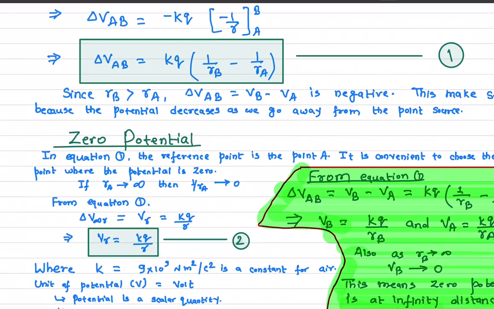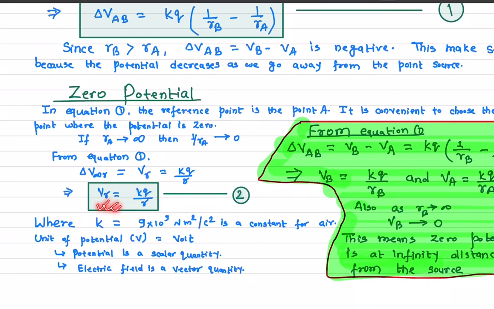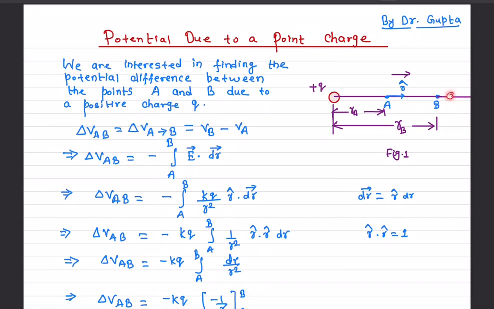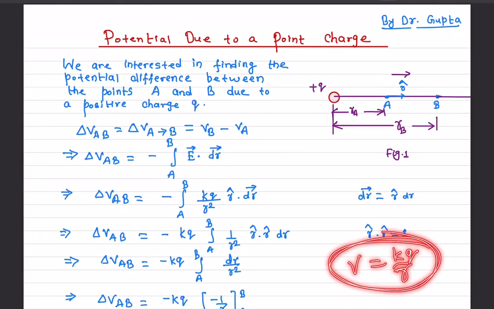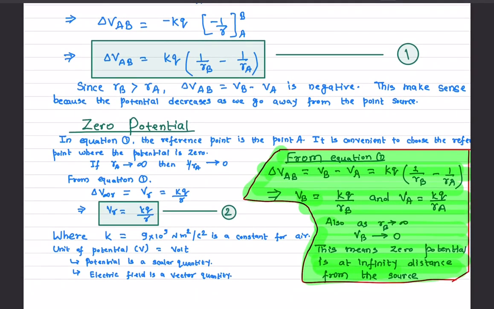So this gives you the potential at any distance r, kq over r. That means if you need to find out the potential at any distance r, then the potential can be simply given by kq over r. This is the potential due to a point charge.